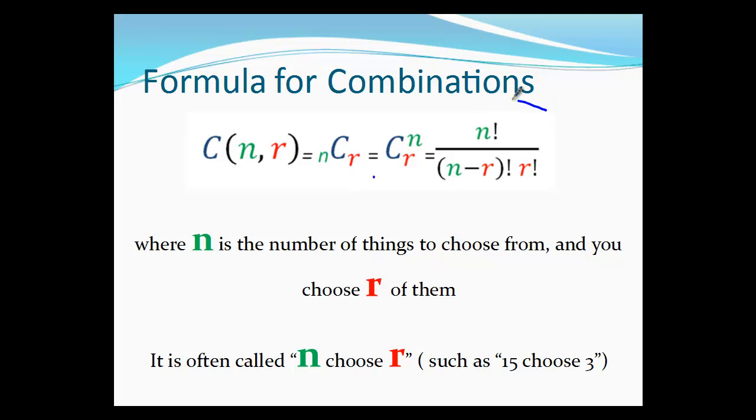This is the main formula that you'll be looking at, the general formula for when you have n things and you want to find out all of the possible ways you can pick r things from those n things, and you don't care about the order. All you care about is which r things you picked, and you don't care about the order in which you picked them. So it is often called n choose r, such as 15 choose 3.